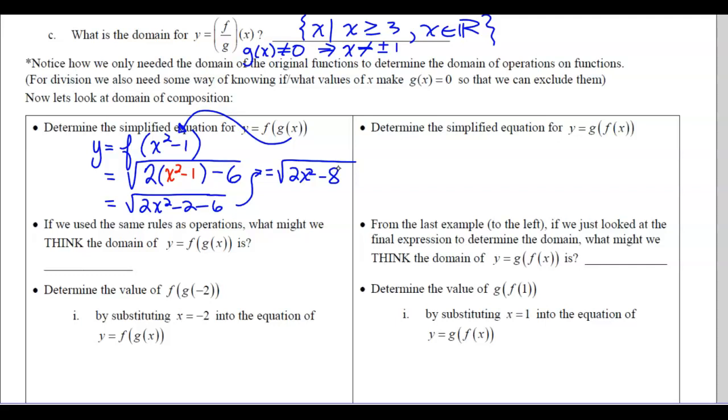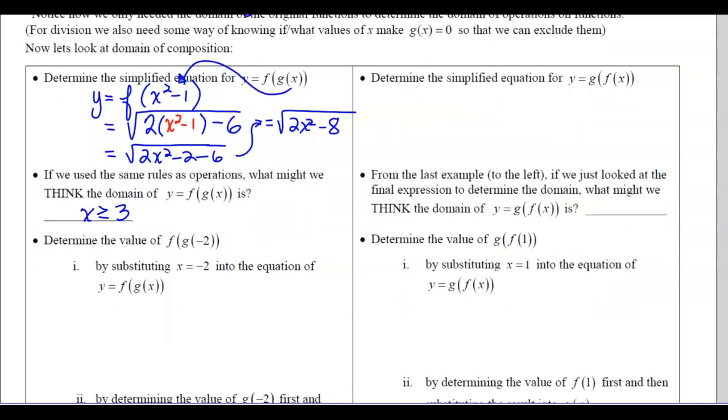So if we use the same rules as operations, we're going to think that the domain is x greater than or equal to 3. A question for you: determine the value of f of g of -2. Well, -2 is not in that domain, but let's see, can we get something? So -2 in for x here.